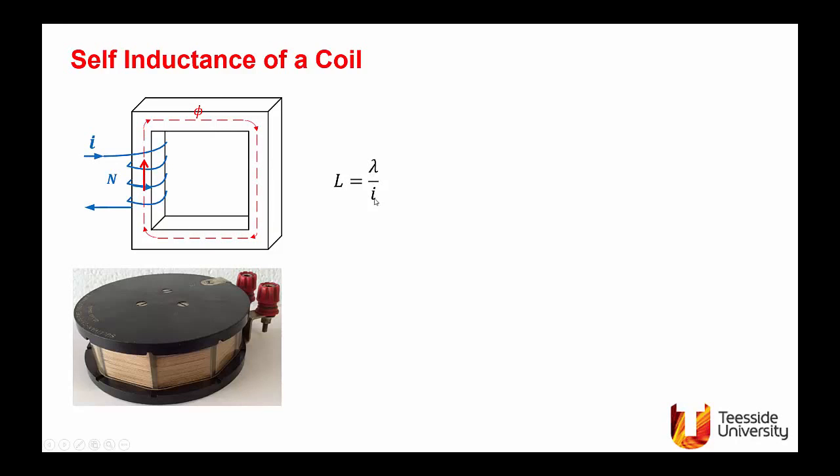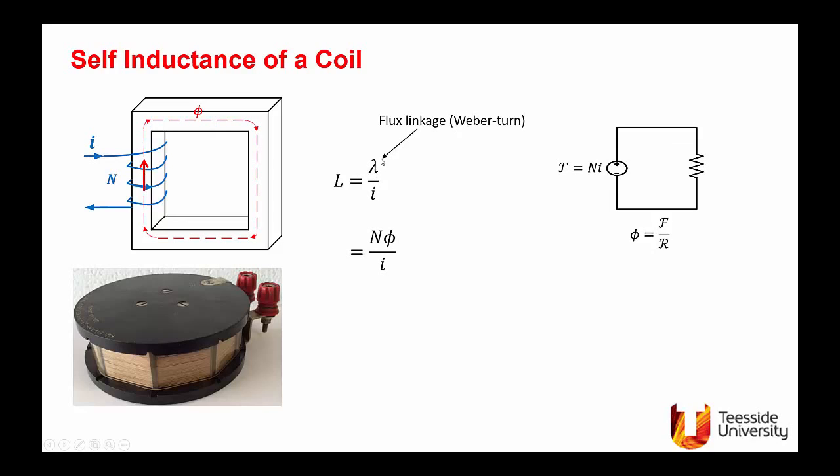We know L is lambda over I. You can use the equivalent magnetic circuit. This is the magnetomotive force, and the flux goes around. Again, if we assume all the flux lines link all the coil, lambda will be N phi.